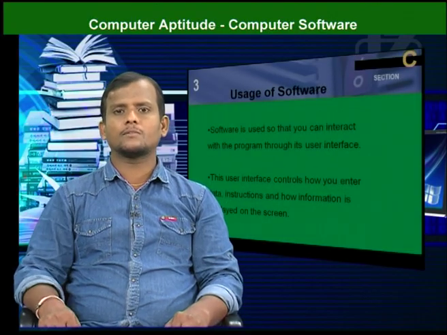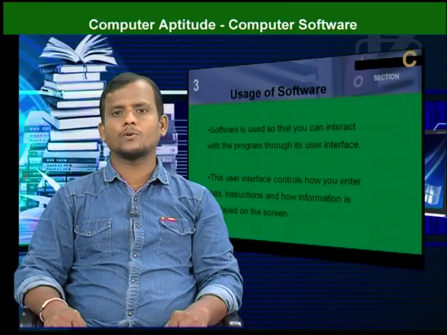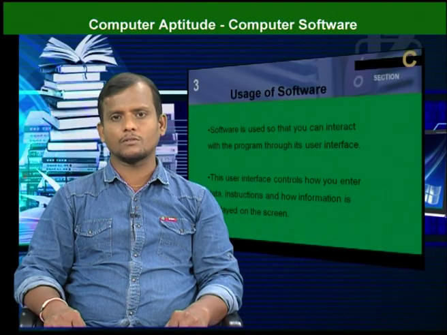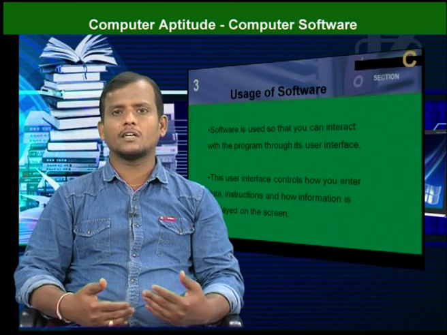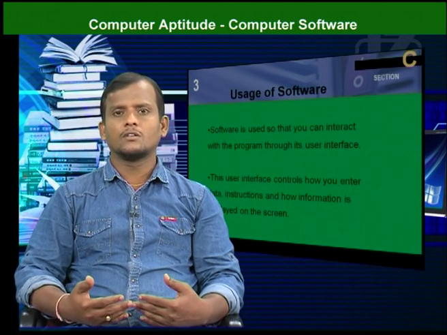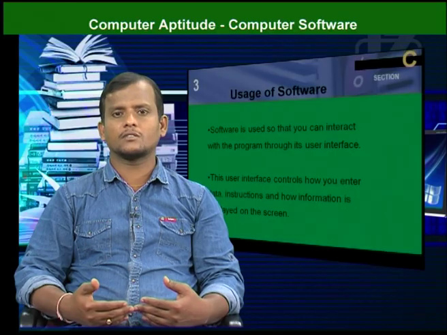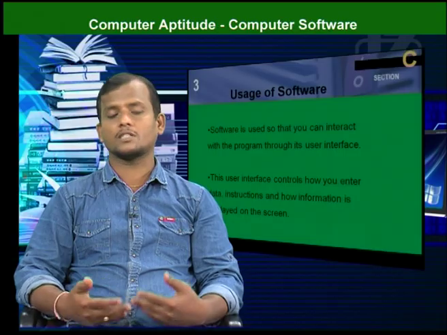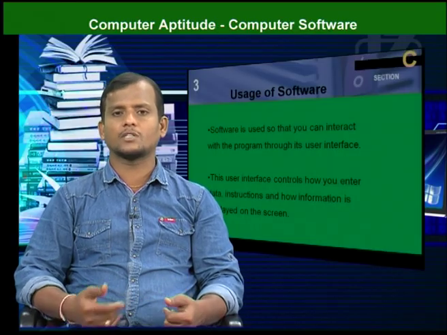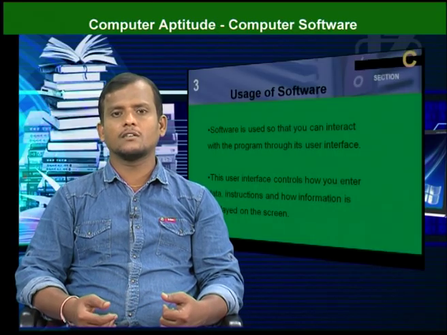Software is used so that you can interact with the program through its user interface. The user interface controls how data and instructions are entered, and how information is displayed on the screen. Software is a user interface actually, used to interact with the program.